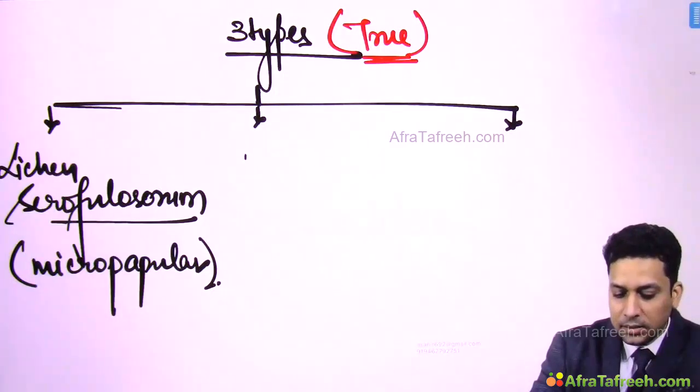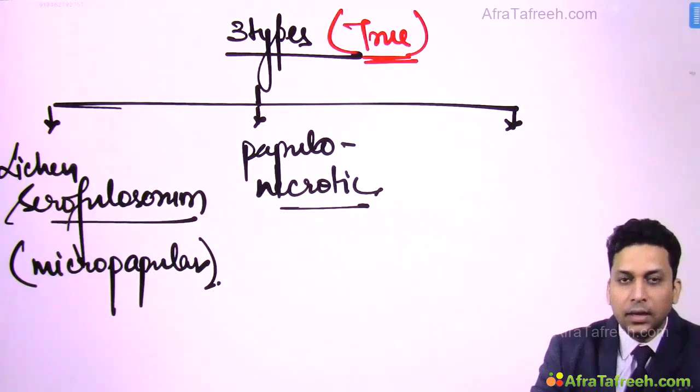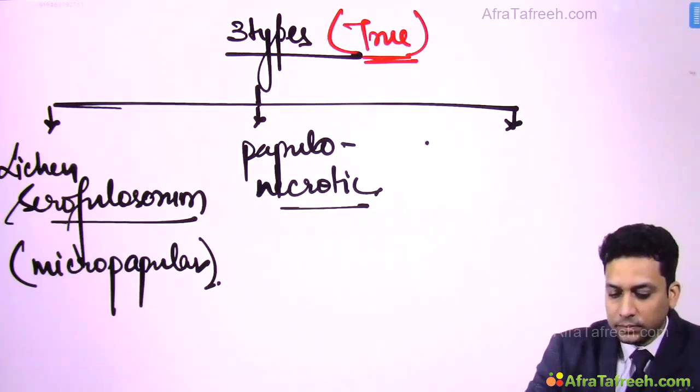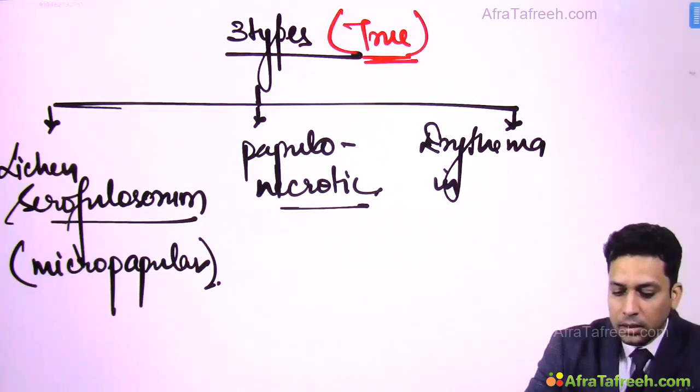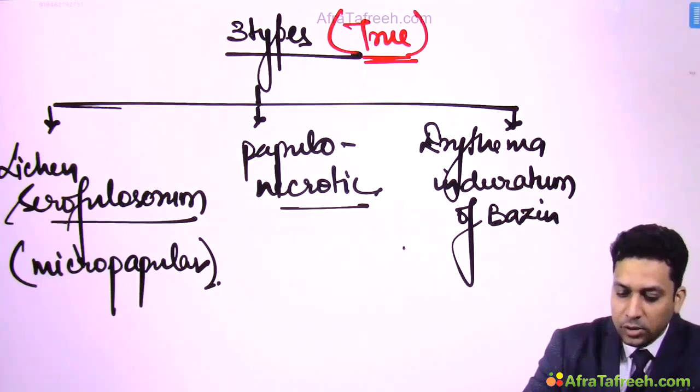Then second is papulonecrotic type, and third one is erythema induratum of Bazin, sometimes also referred to as Bazin disease.